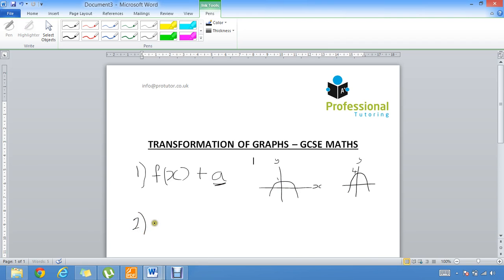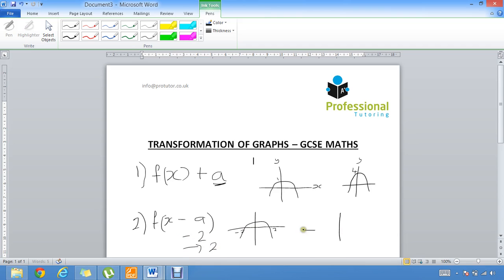Your second rule, if you had f of x minus a, now if it's inside the bracket, it's going to affect the x-axis. So for example, if I had a curve like this and say this was 2 and this was minus 2, and your a value now was, say, minus 2, all you have to remember is that this whole graph will shift this way towards the positive by 2.